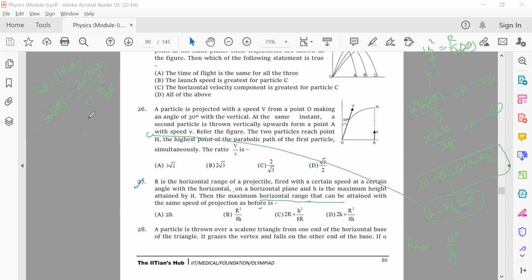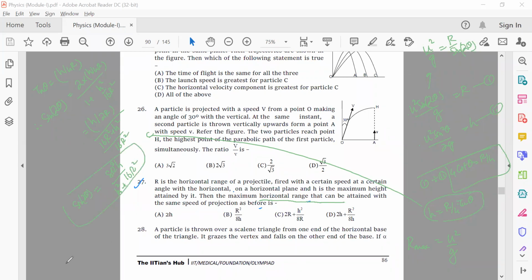So this will become, if you take LCM and all that, 8RH divided by 16 H square plus R square. You just check my calculation works. Sine 2 theta will be like this.